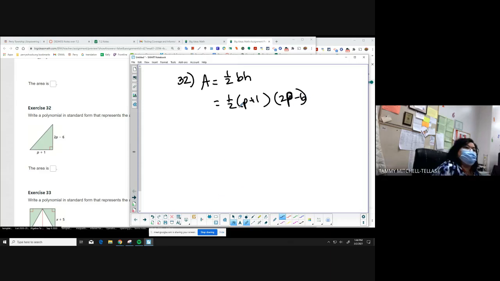Would it be easier to take half of p plus 1 or half of 2p minus 6? Let's take half of that one. So p plus 1 is going to stay the same. What's half of 2p? p, or 1p. And what's half of negative 6? Yep, and then you just FOIL it. Does that make sense? That's all it is.